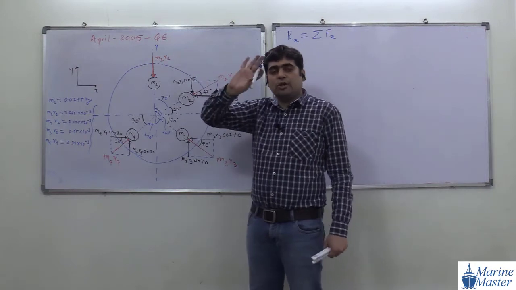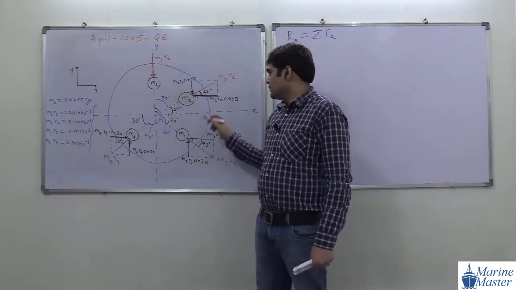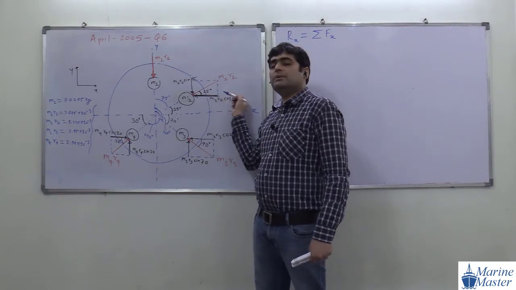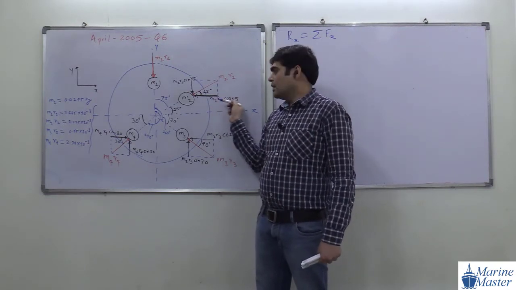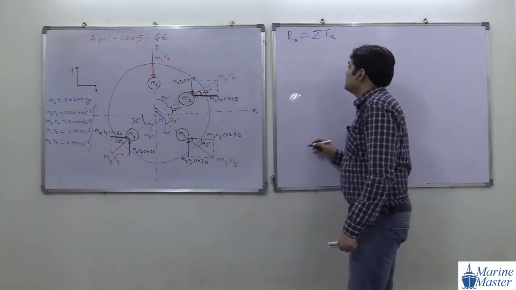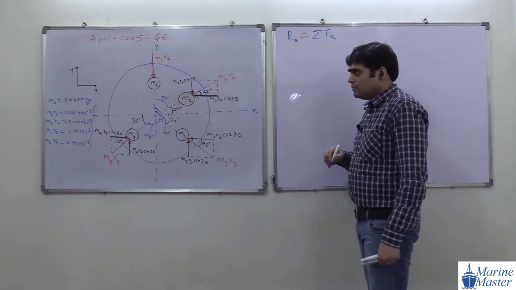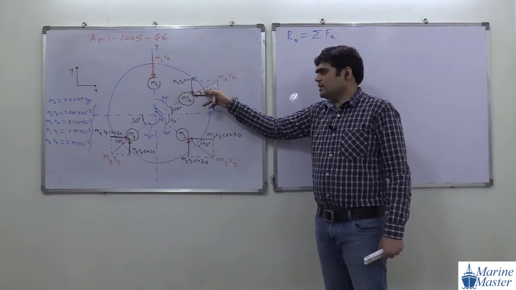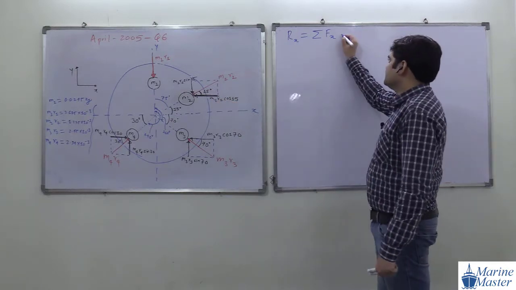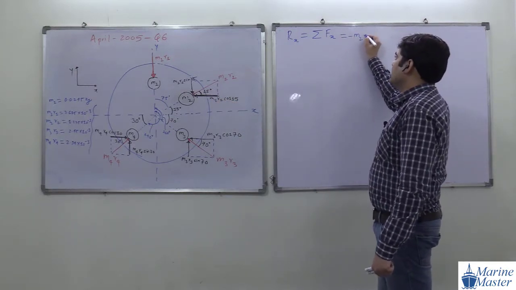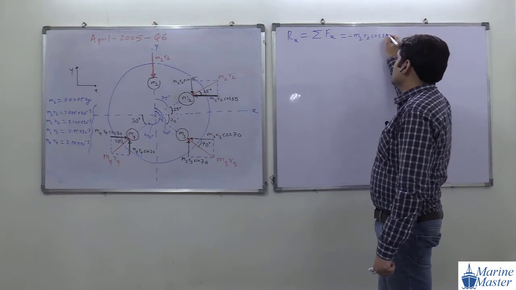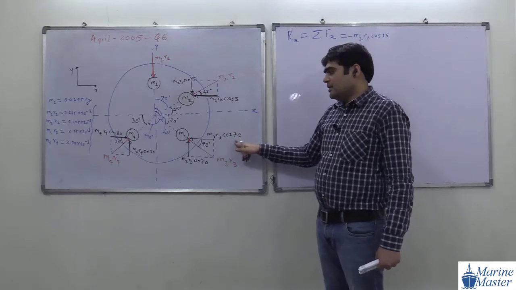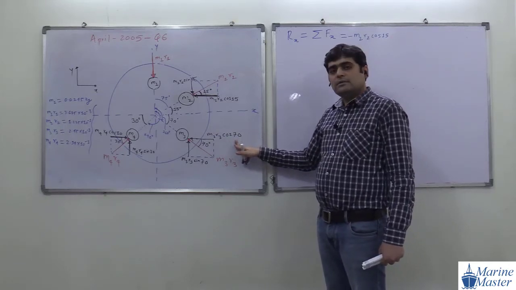See, M1 R1 does not have any component because it is directly in the y direction. Now we replace this M2 R2 by its two components. What about this M2 R2 cos 15? Which direction, guys? Minus, so minus M2 R2 cos 15. Then M3 R3, minus or plus?